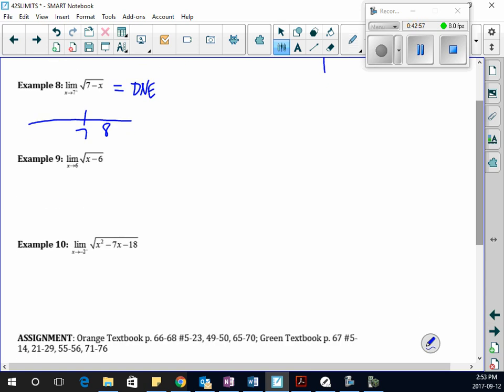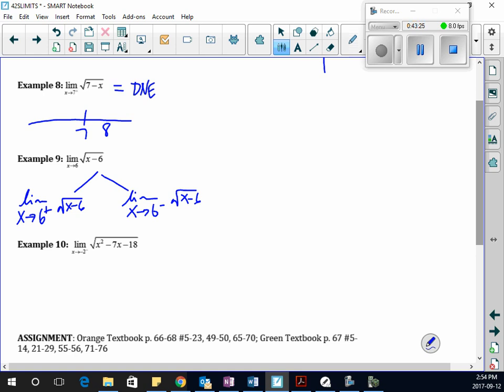Uh-oh. Plug in 6. I get the square root of 0. Investigate. So what you have to do is you need to split it into 2 limits, one from the right and one from the left. Right? Because in order for a double-sided limit to exist, they both have to go to the same number, right? So what do we get here?